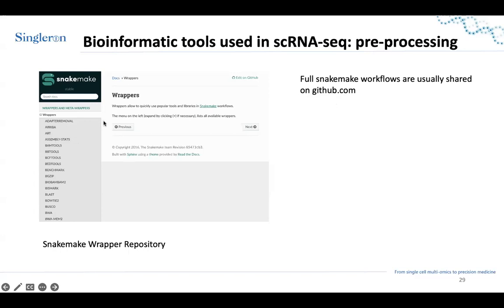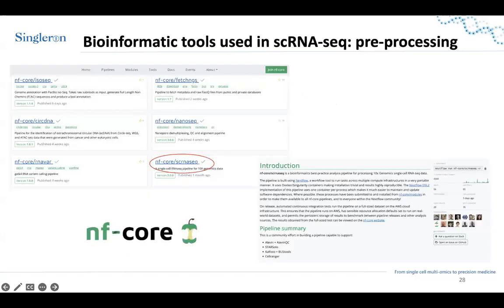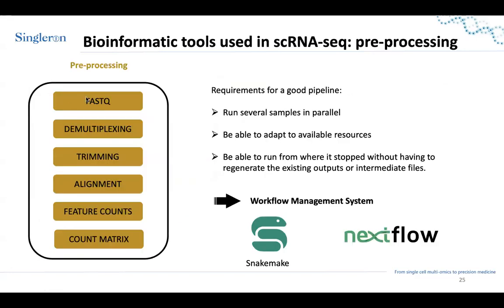Well, we call it a wrapper, actually it's more correct, for the individual steps of the pre-processing. So again, if I go back, for each of these steps, you will find a Snakemake wrapper. So the only thing that we need to do is to take these wrappers and put them next to each other in a file to make your pipeline, basically.